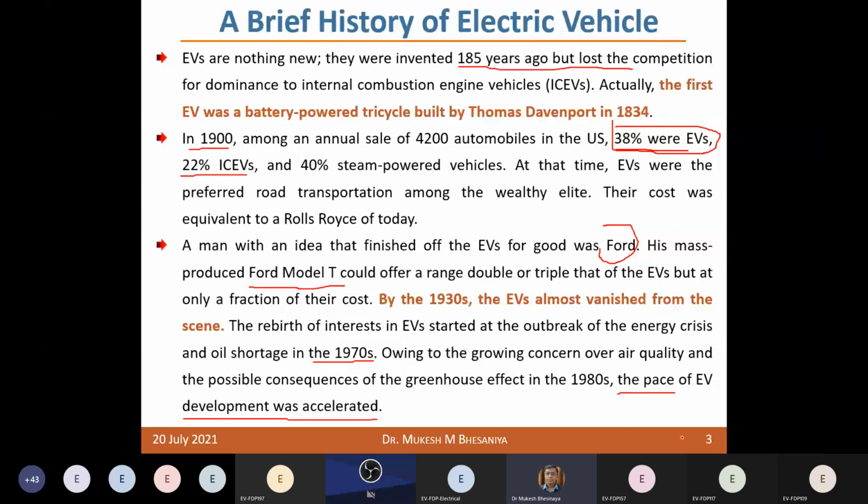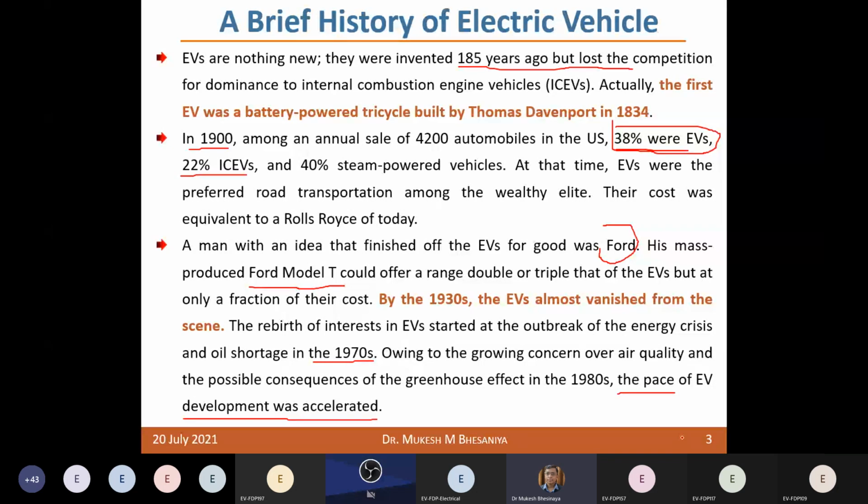Therefore these EVs are sometimes also named battery electric vehicle, and in the literature you will find the abbreviation BEV, that is battery electric vehicle. At the present status of battery technology, the energy storage capacity of EV is far less than that of IC engines.